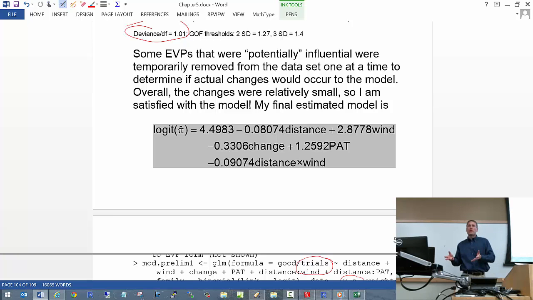Another thing that you could do is form Pearson residuals. Take this model here, and for every explanatory variable pattern that you see in the validation data set, estimate pi hat and then form a Pearson residual. If your Pearson residuals are outside of plus or minus 3, that could be a concern, because that may represent an observation not being fit well, subject to the usual concerns of whether a normal approximation will work.